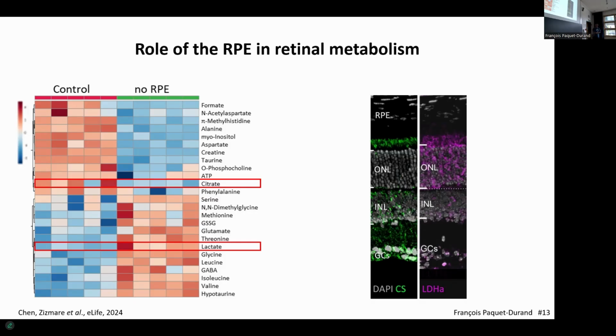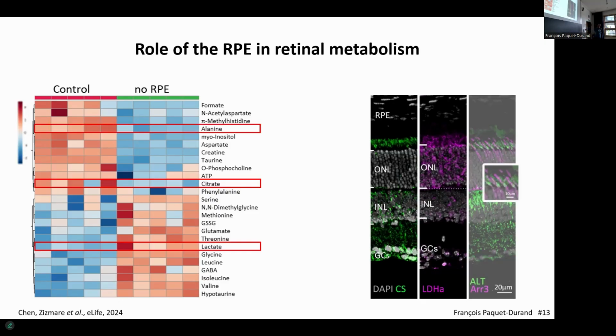Another thing is lactate. In the no RPE condition, lactate strongly accumulates in the retina. And the enzyme that produces it is lactate dehydrogenase A, here shown in magenta, and that is basically exclusively expressed in photoreceptors. So these changes in lactate have to come from the photoreceptors. And then we have here alanine, which is also interesting.